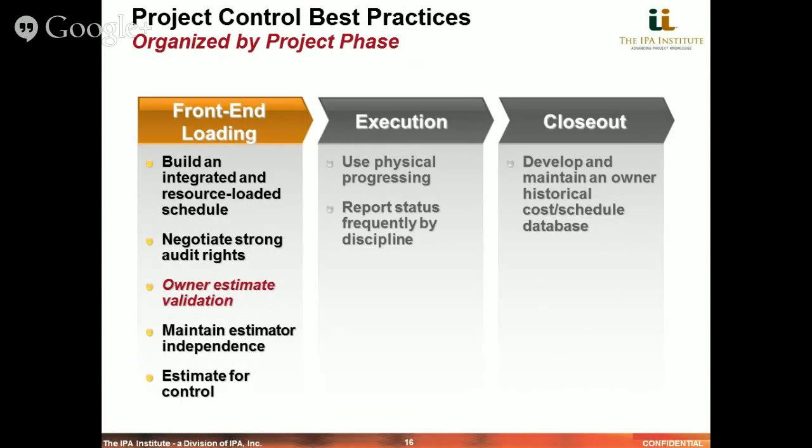A third element in the front-end loading phase, in terms of a project control best practice, is the process of an owner estimation validation.